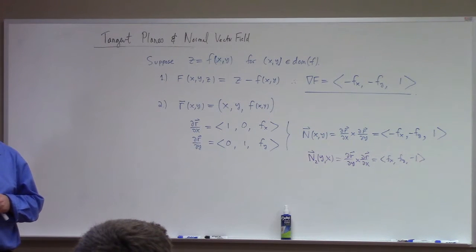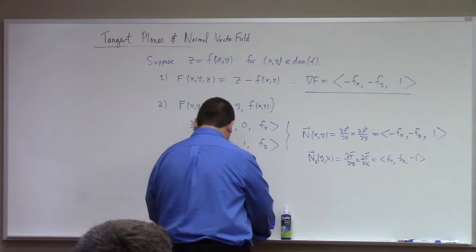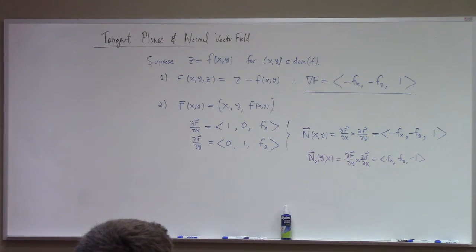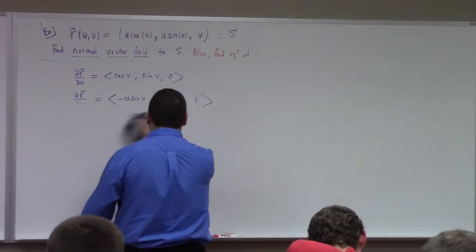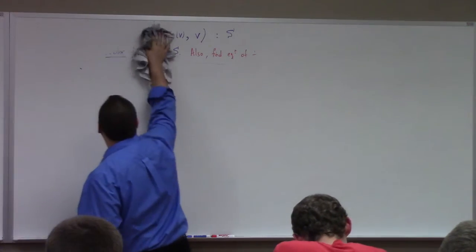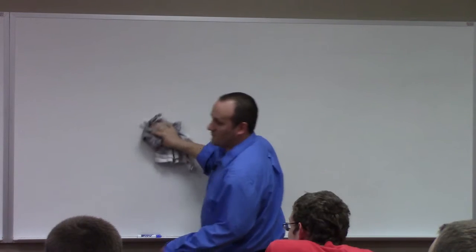Depends on the problem, depends on the context, right? Either is not incorrect. It's 50-50. In 3 dimensions, there's just 2 normals to a surface. If we were in 4 dimensions, it would be harder. You have a whole plane of normal directions. That would be annoying.